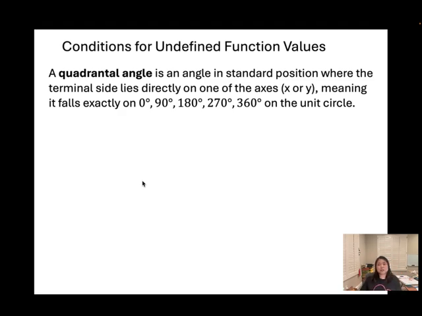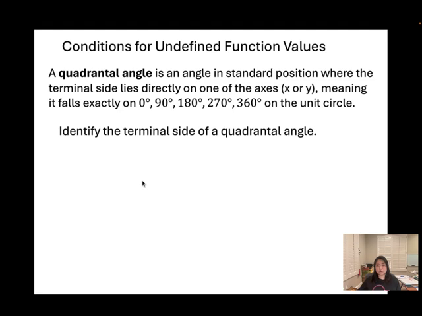Conditions for undefined function values. A quadrantal angle is an angle in standard position where the terminal side lies directly on one of the axes, x or y, meaning it falls exactly on 0 degrees, 90 degrees, 180 degrees, 270, and 360 degrees on the unit circle.